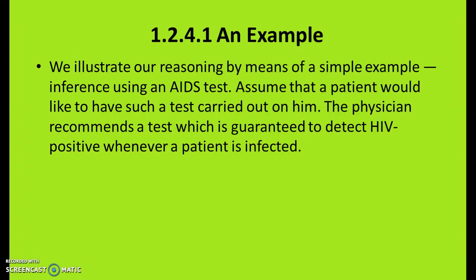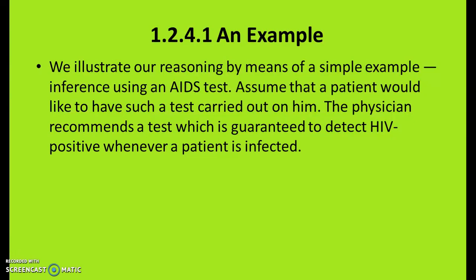Now let's take an example of an AIDS test. Let's say we need to test a number of people in a population to determine whether they are HIV positive or negative. We need to carry out the test and finalize whether a person is HIV positive or HIV negative.